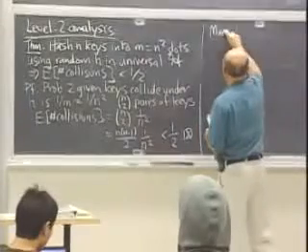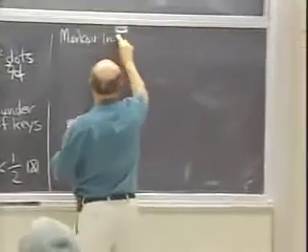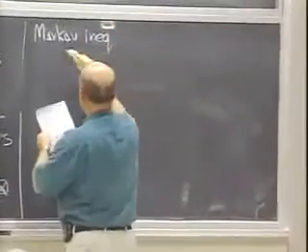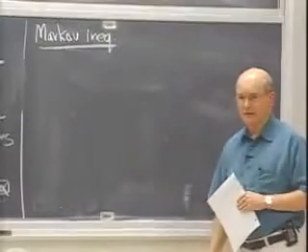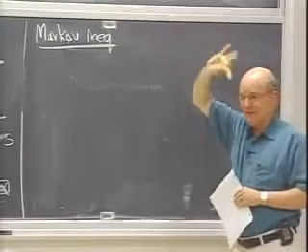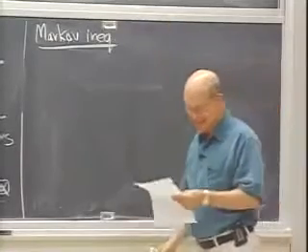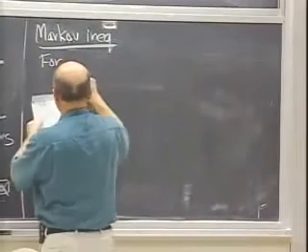Now I want to remind you of something which in the past I've just assumed, but I want to actually go through it briefly. It's Markov's inequality. Who remembers Markov's inequality? Don't everybody raise their hand at once. Markov's inequality says the following. This is one of these great probability facts.